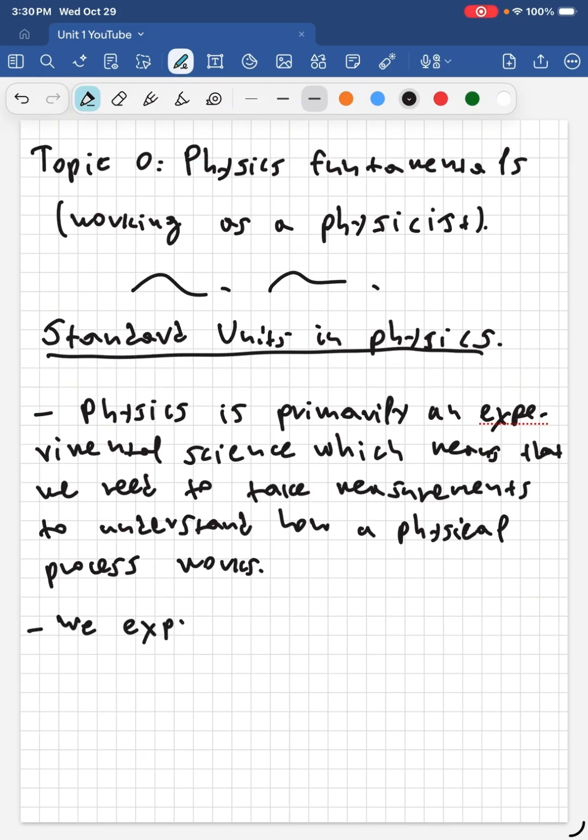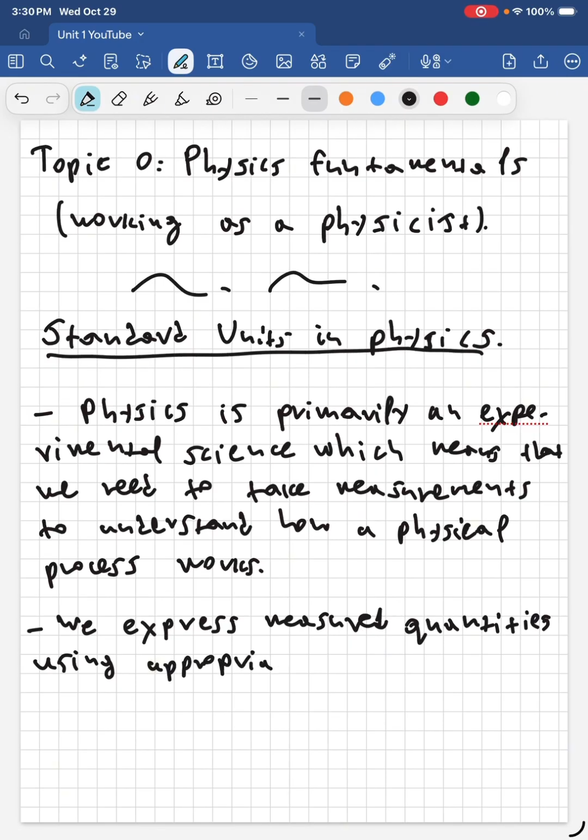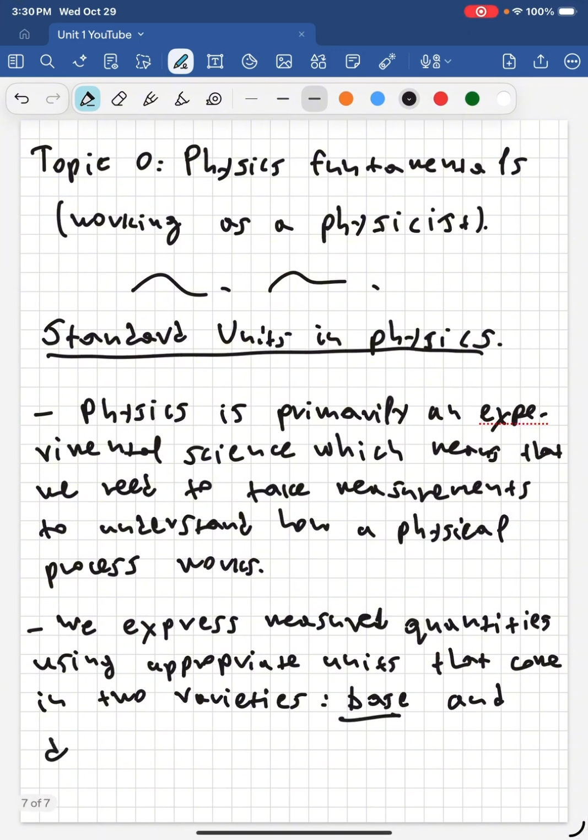So we express measured quantities using appropriate units that come in 2 varieties: base, okay, and derived units.